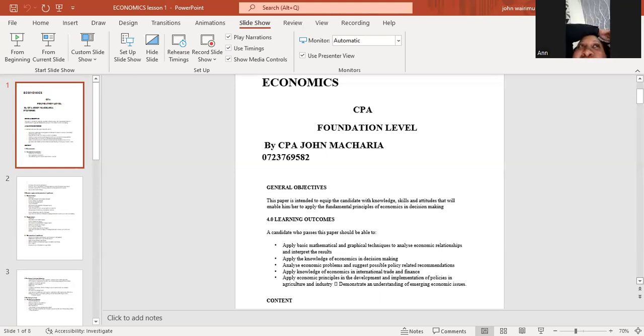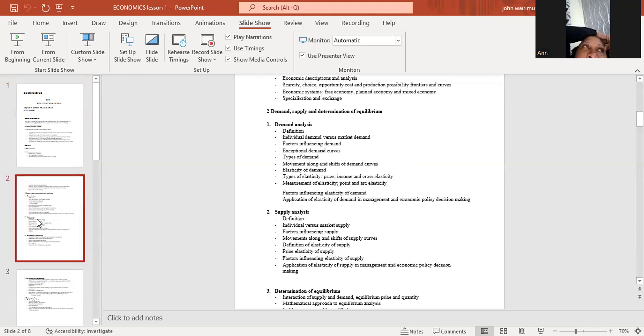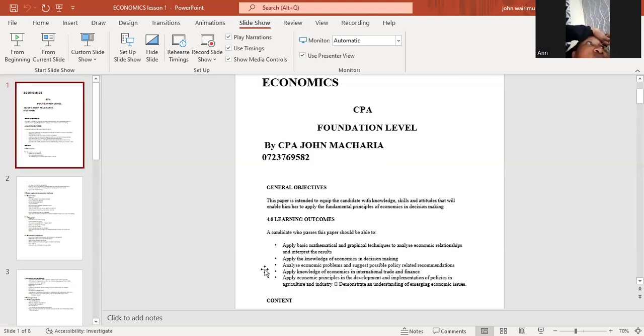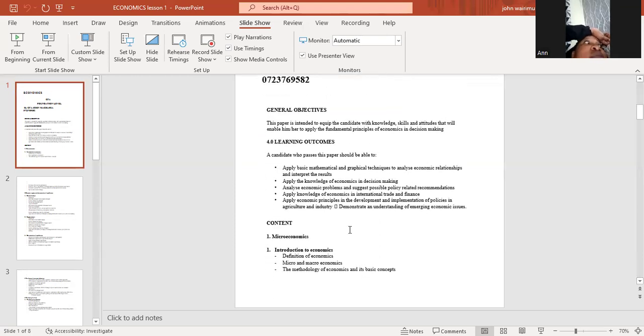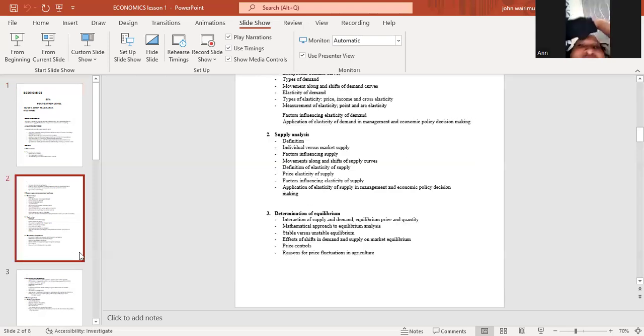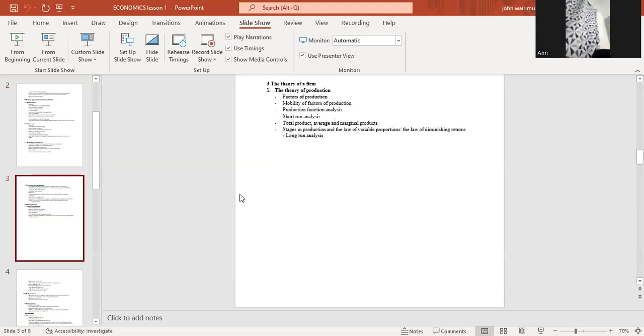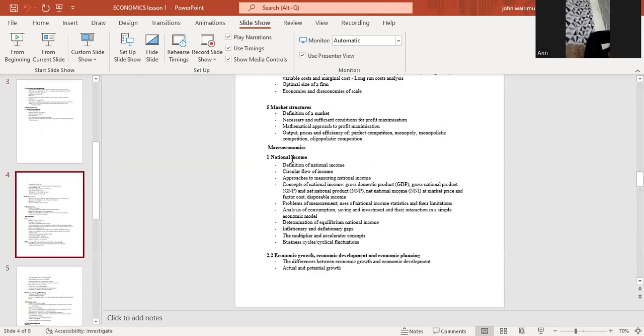Then we also looked at the topics that will be taught, beginning with the first topic being microeconomics, and we ended up with the last topic, macroeconomics.